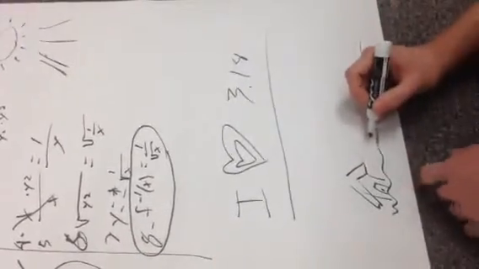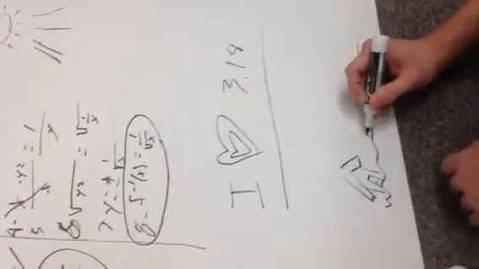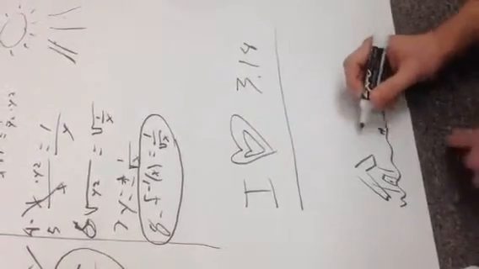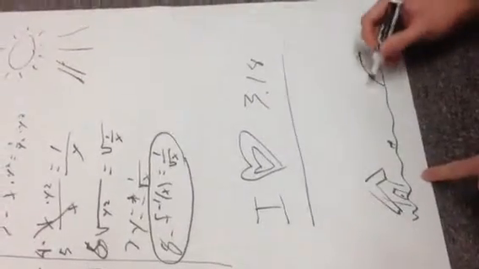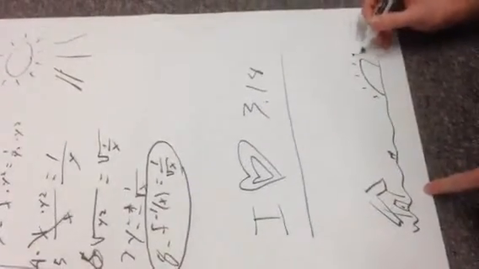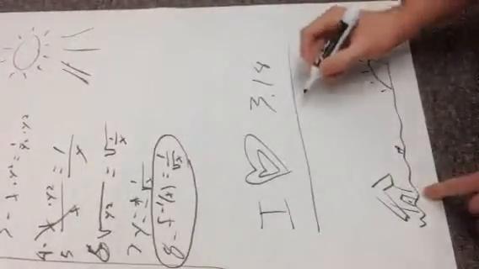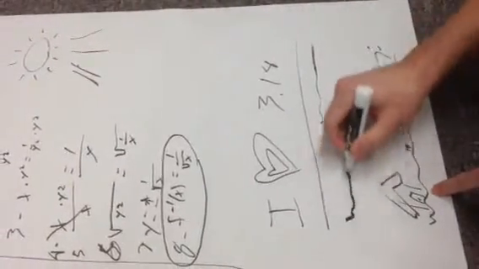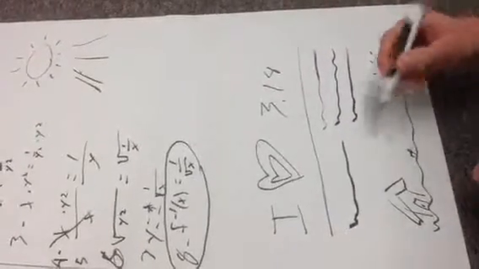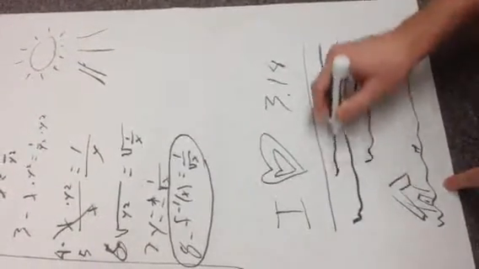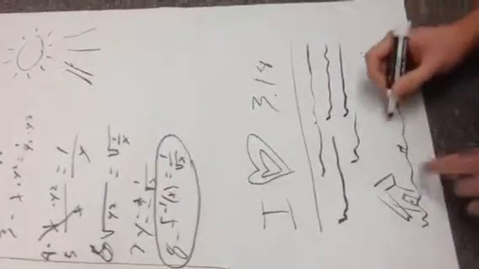Put some little animals right here. You know, maybe like a little sunset. Put some little clouds. Maybe like little wind clouds. Little trees.